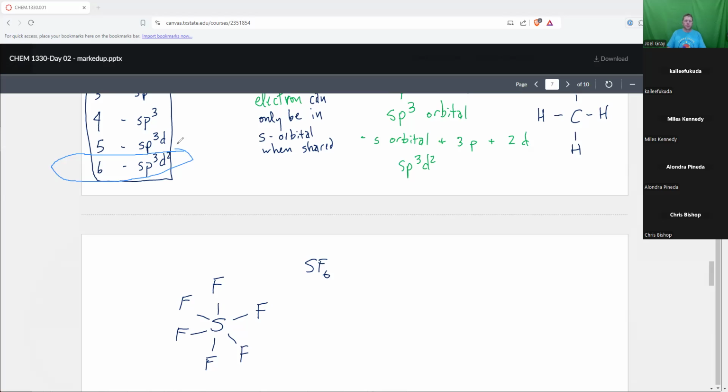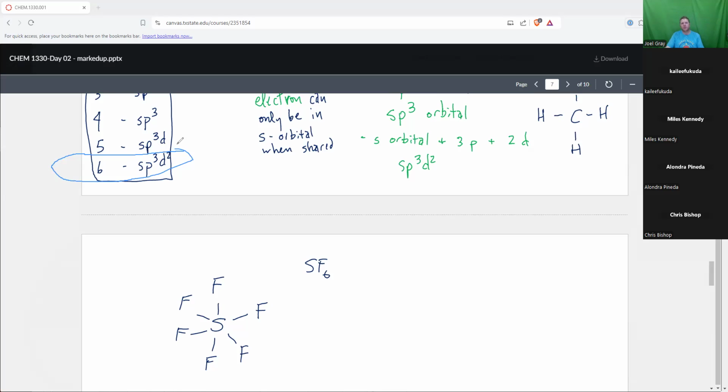sp3d2. So if I'm reading this out, I'm going to list out the number of S's, P's, and D's. I've got S, P, P, P, D, D. 6 things. It's bound to 6 things. S, P, P, P, or sp3, DD, or D2. sp3d2. That's how we arrive at that sp3d2.